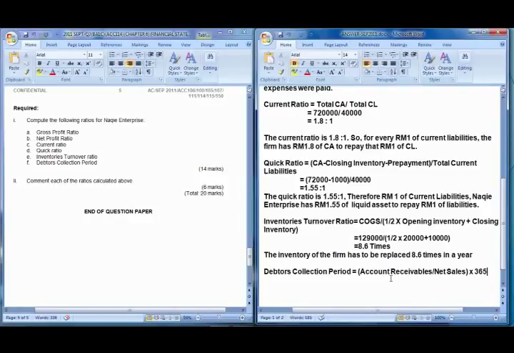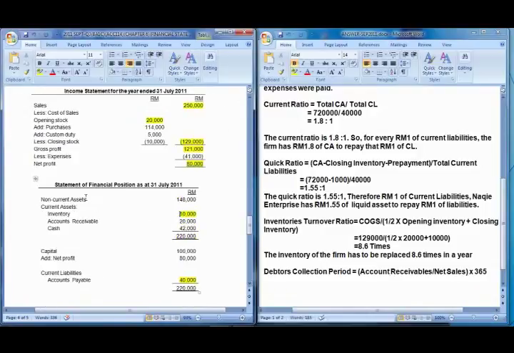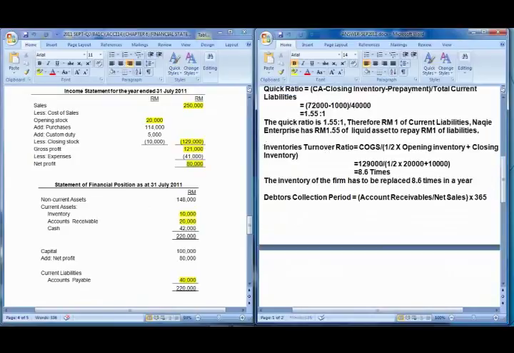Okay, the first step is we must find the account receivable from this information. Okay, account receivable is 20,000, then net sales is 250,000. So we just substitute these numbers into the equation. So account receivable 20,000 divided by net sales 250,000 times 365.